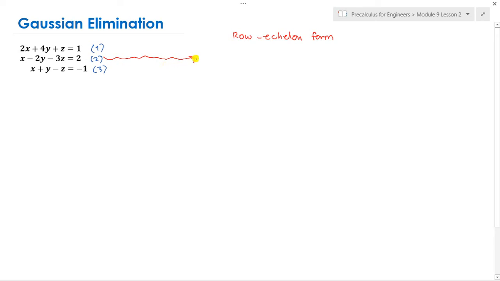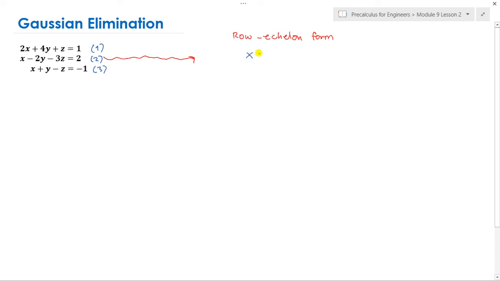Which one is it? The 3, sir. The 3, but it could also be 2, right? So it's up to you. There is no mistake whether you use 2 or 3, because we just have to conform to the rule in row echelon form that the first equation's leading term must have a coefficient equal to 1. So both 2 and 3 work, so you can use either of them. So let us choose equation 3.